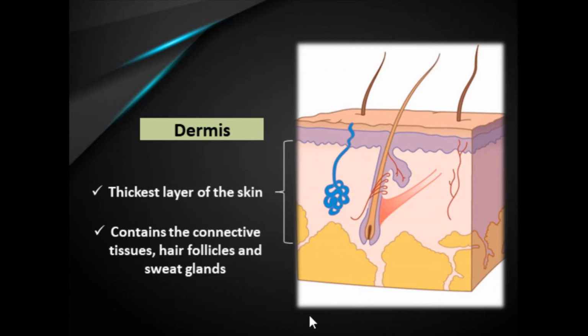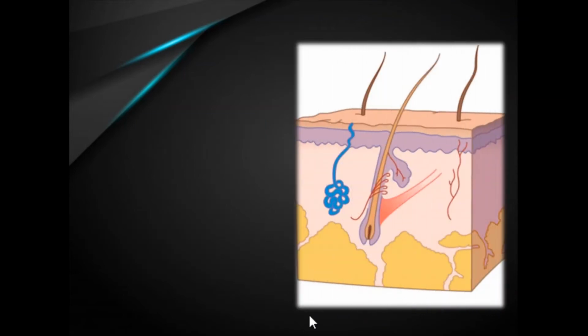Okay, very good. Now let's go to the last and third part. If the epidermis is here, then the dermis, there is something we call the hypodermis. Again, everybody, listen.